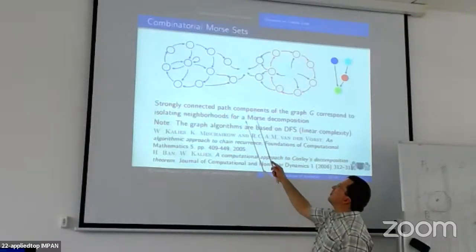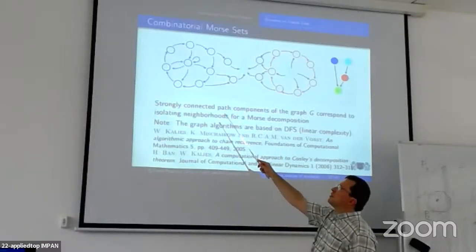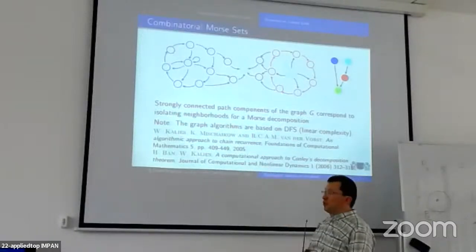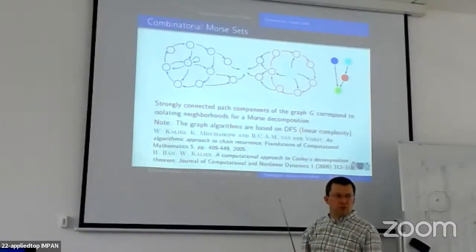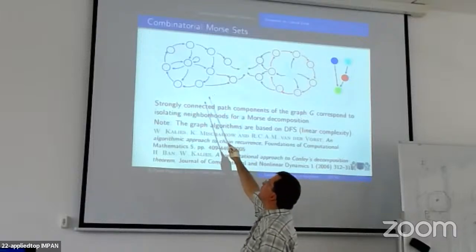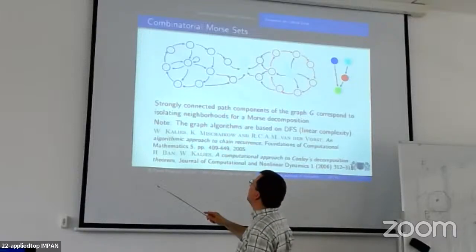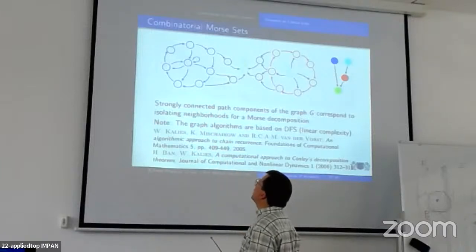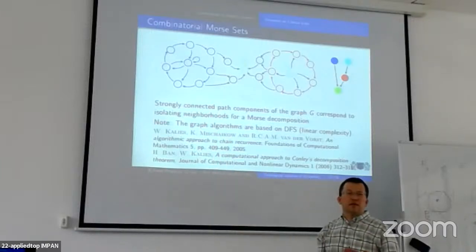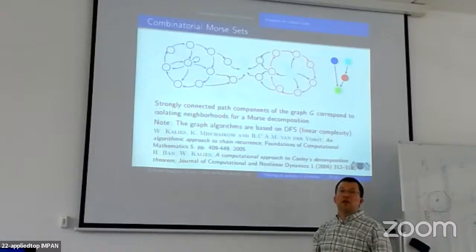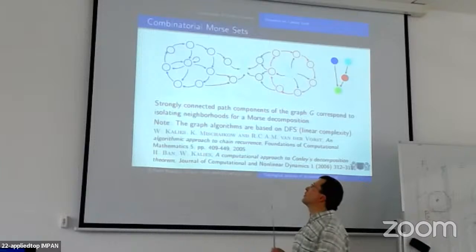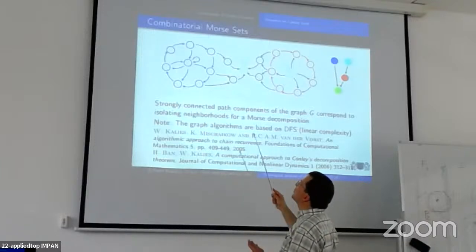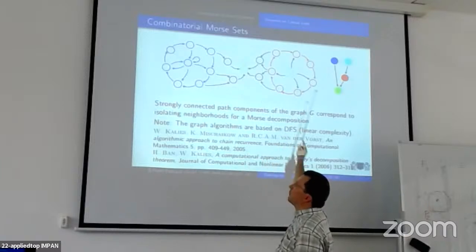And the dynamics outside of these neighborhoods is gradient-like, and one can prove this because we have computed the map in a rigorous way. And computing these path components is very quick. There is an algorithm with linear time complexity, which is the optimal algorithm. The computing time and memory is proportional to the size of the graph.